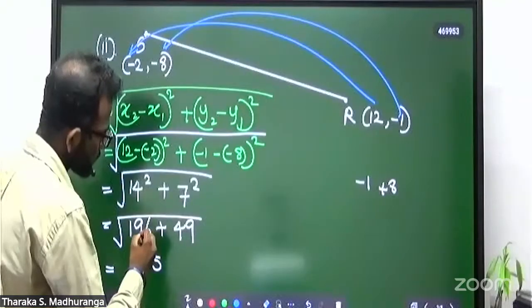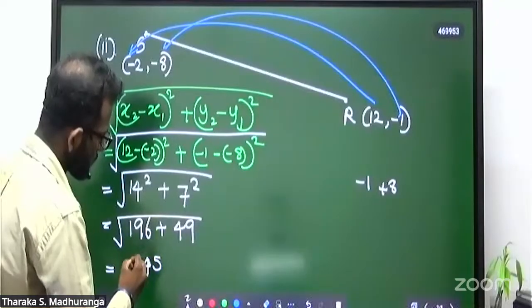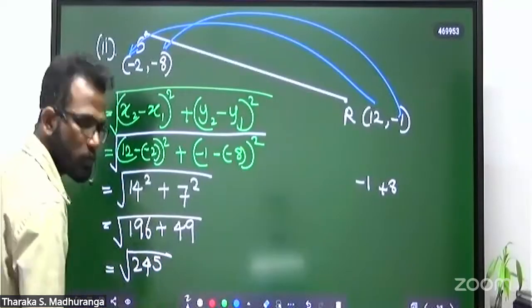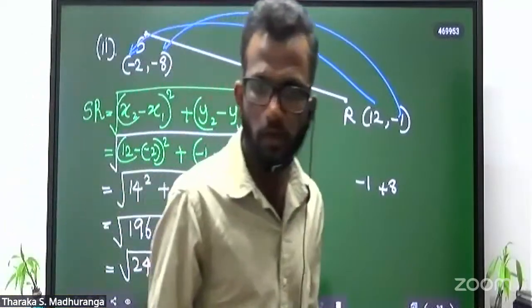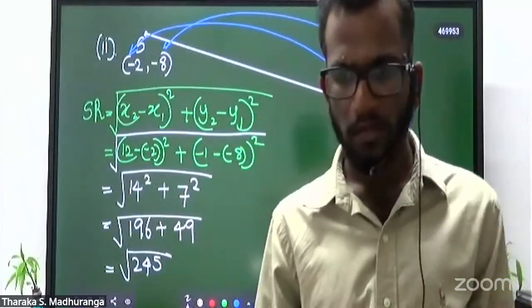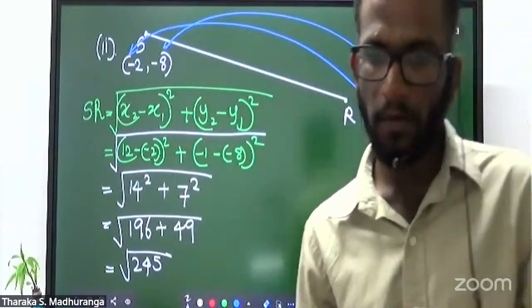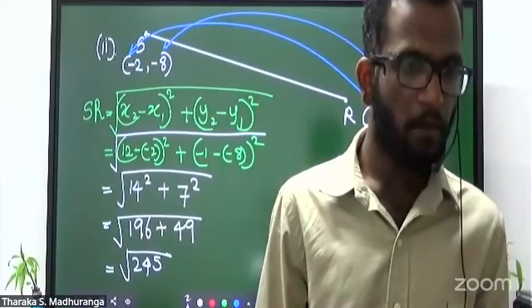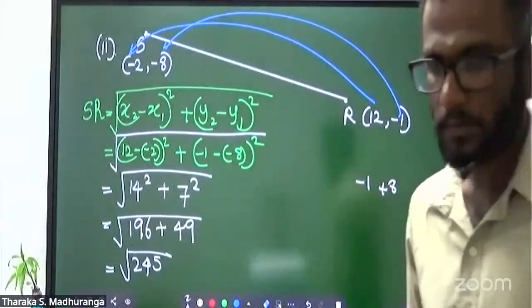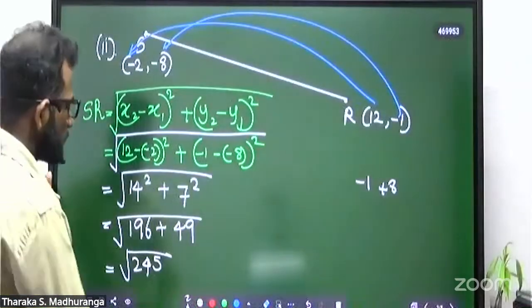245 square root. I mean, what happened? Check your answers again. This is the value.